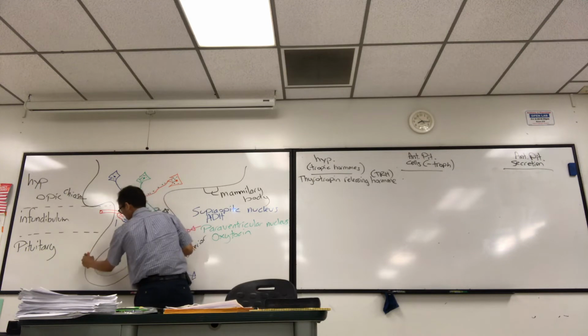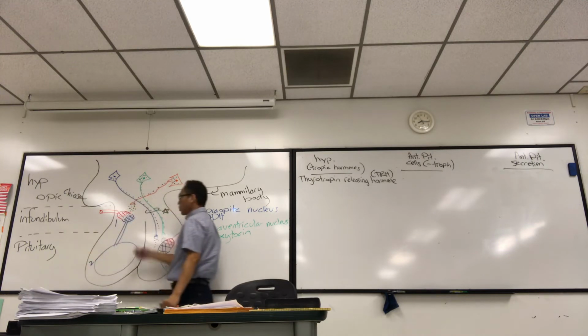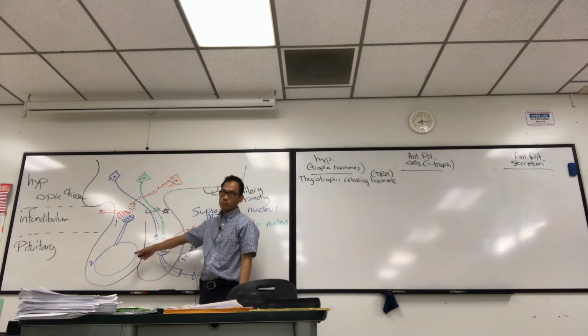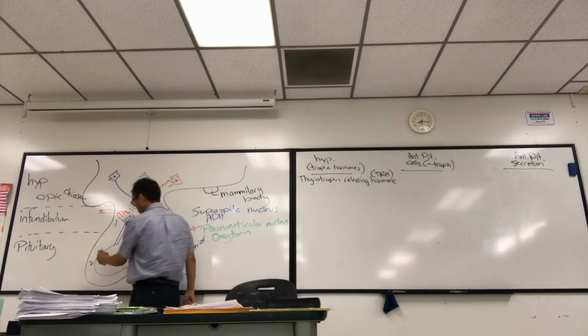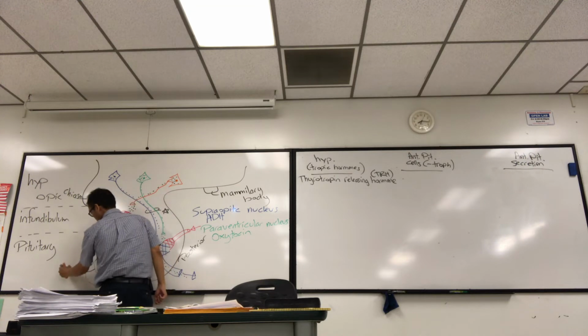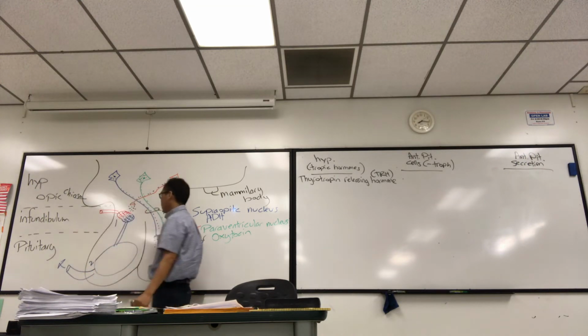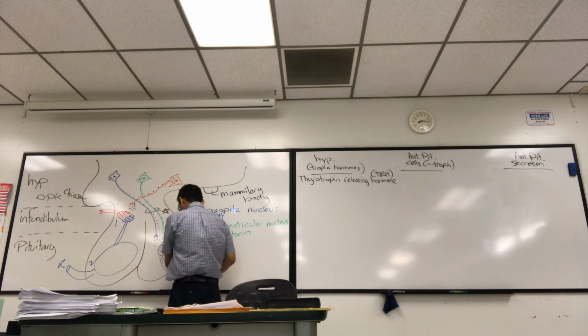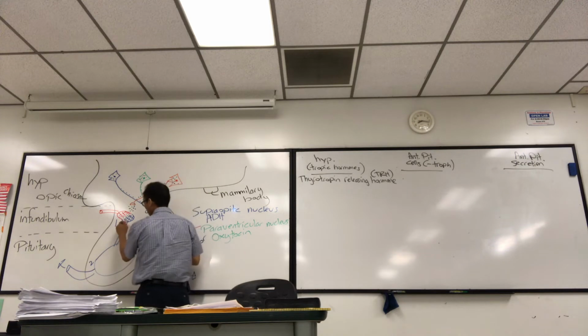Here's 1. Here's 2. It's all blue. There's no gas exchange. It all happened up here. So it's all blue. And blood will leave right there. But let's finish the story here. Okay, you get to cap bed 1. You take your little express highway right to cap bed 2.